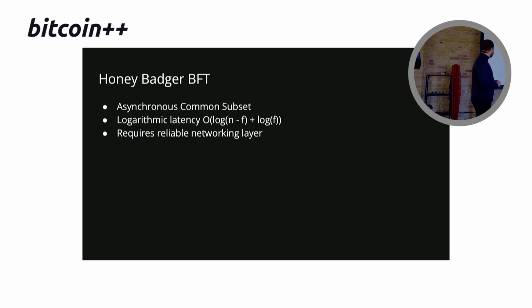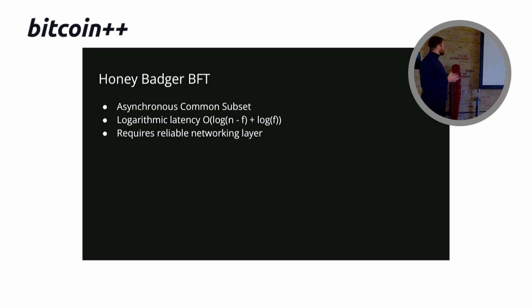When I joined in April last year, we were still using the Honey Badger BFT. Some of you maybe have heard of it, an algorithm that solves the atomic broadcast problem. It's built on a mechanism called asynchronous common subset, which roughly works with rounds of a few seconds.